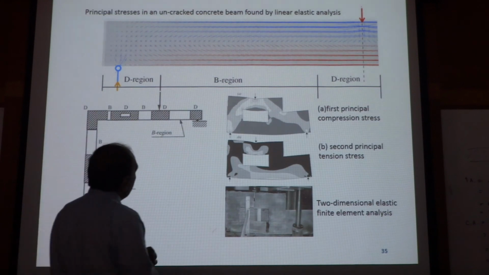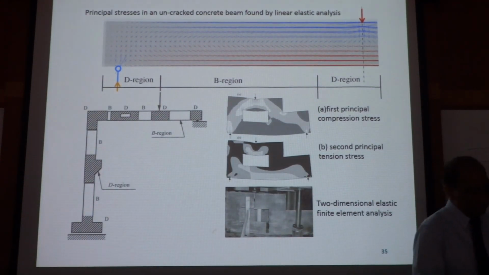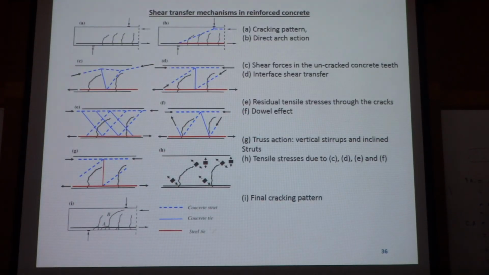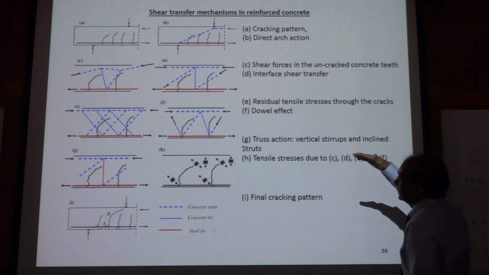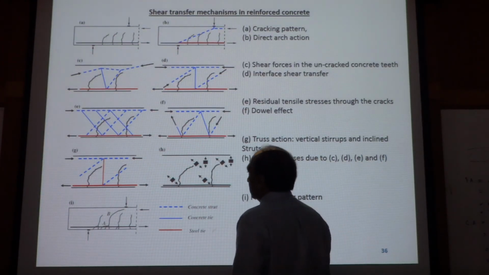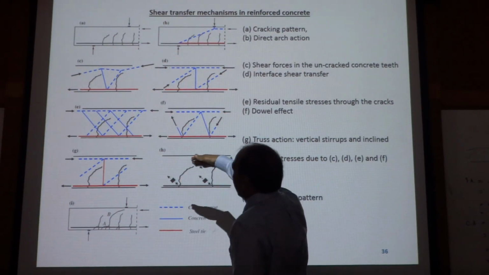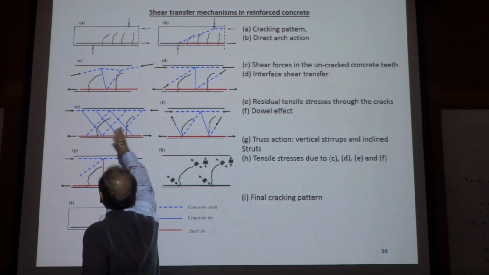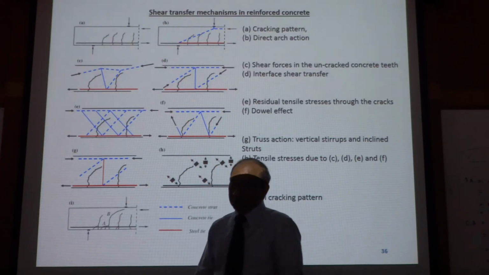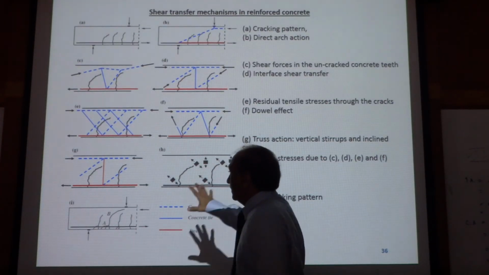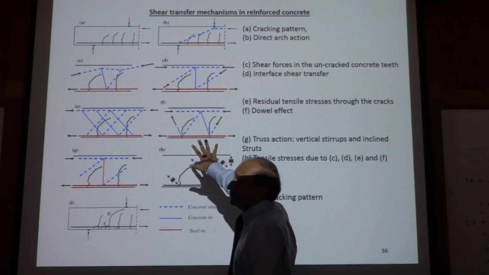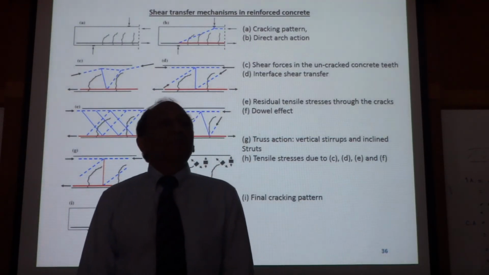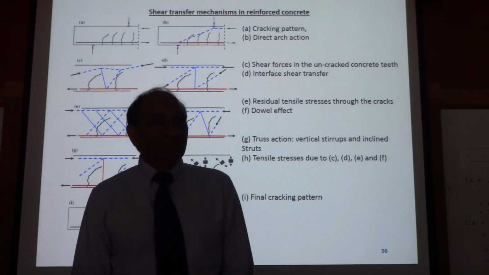So if we know this now, let's see how we can do this. And again, this is coming back to the old idea that we discussed about the angle of the strut, the cracks and angle of the stresses, and then the tension angle and the compression angle. You have seen all of that, right? But in our case now, things will be much simpler. Why? Because we don't worry about cracks anymore.